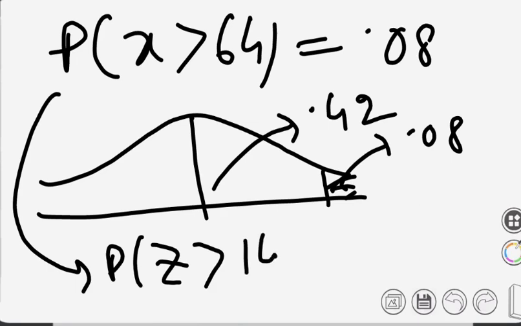So 1.42 is equals to 0.08. Do you get my point? At 1.42 it is given as 0.4222. So it will be around 1.42. Maybe it will be around 1.4418, something like that.